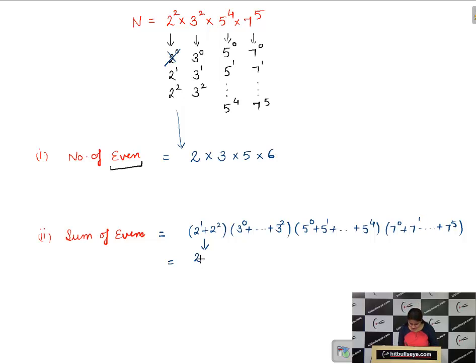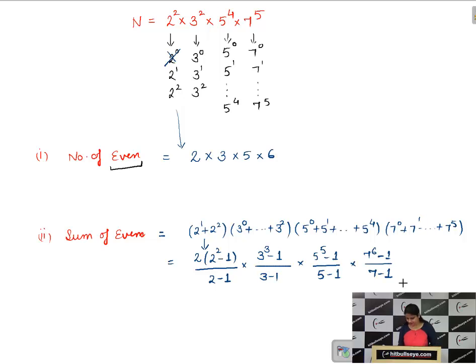So it will be 2 into (2 square minus 1) upon (2 minus 1). Why so? Because in that case the first term is different, that is 2, not 1. Now in the next cases the same will be the thing. So finally this is the answer. We will apply the same logic everywhere.